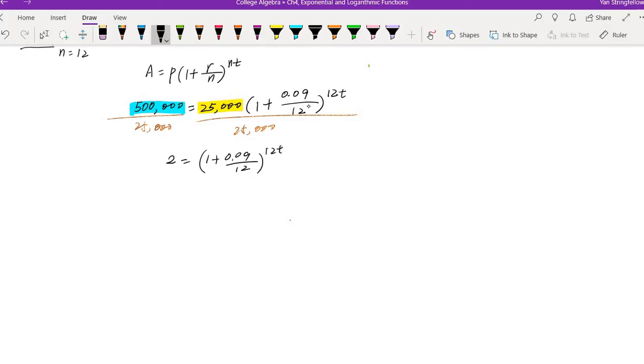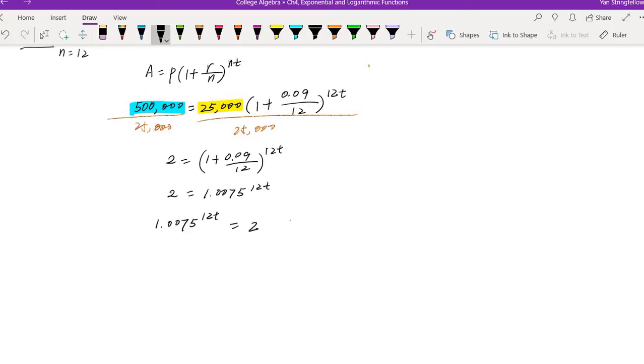Let's clean this up a little bit. We have 2 equal to 1 plus 0.09 over 12, which gives around 1.0075, to the 12t. Because I'm used to having the variable on the left side and the constant on the right-hand side, I'm going to write this as 1.0075 to the 12t equal to 2.